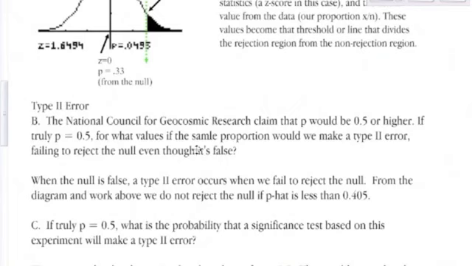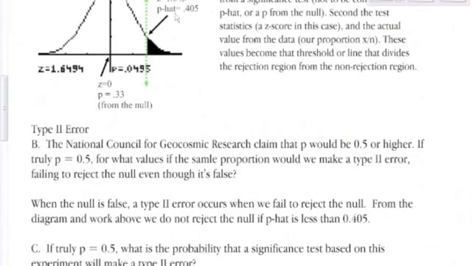So if that's true, we'll need to figure out what's the chance of that happening. What values of the sample proportion will make me commit a type 2 error? We've actually already found that value. If I have less than 0.405, if they get like 40% or 35% correct, then I would fail to reject my null based on my original significance test.